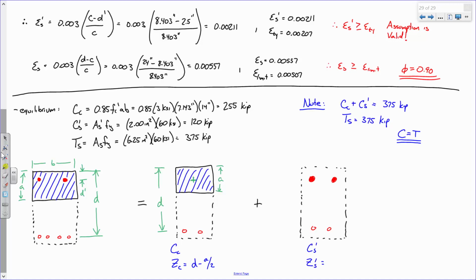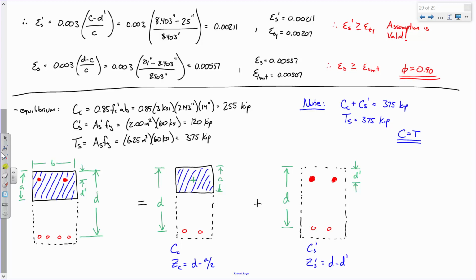How far is it from the center of that to the center of that? d minus d prime. d minus d prime, exactly right. Because this dimension here is d, that dimension is d prime. So how far is it between the two? d minus d prime.